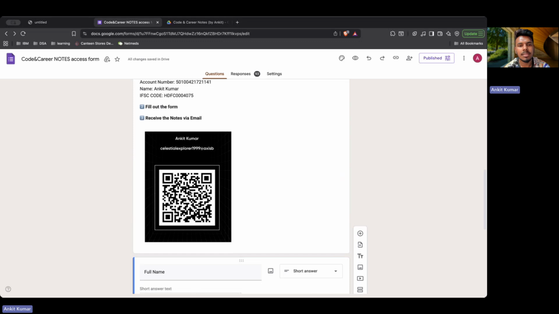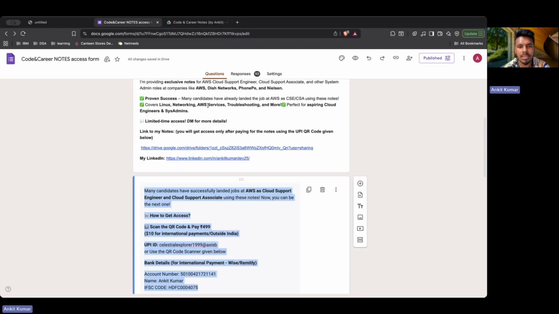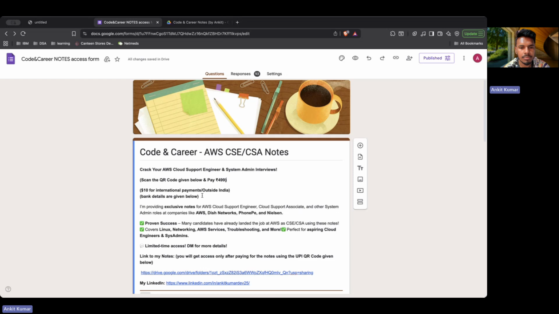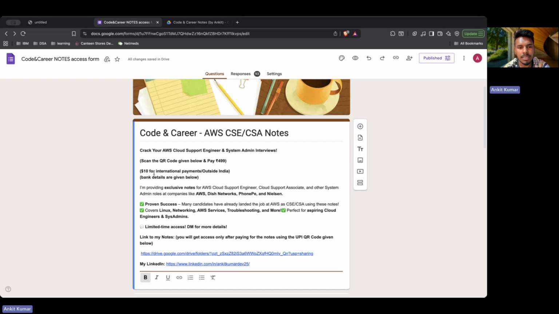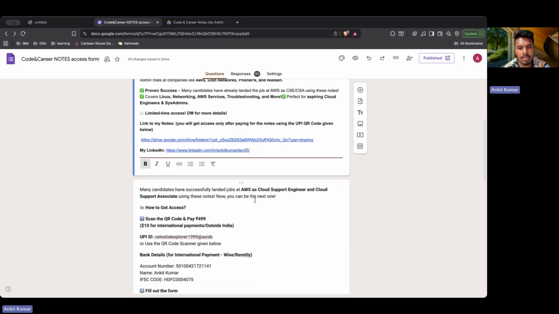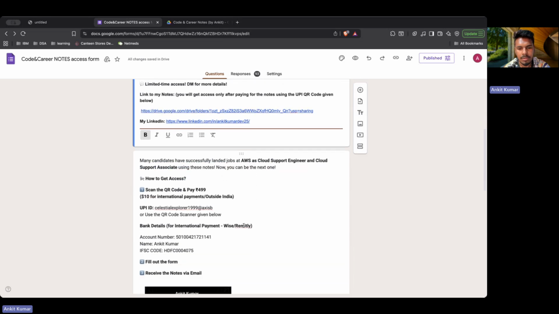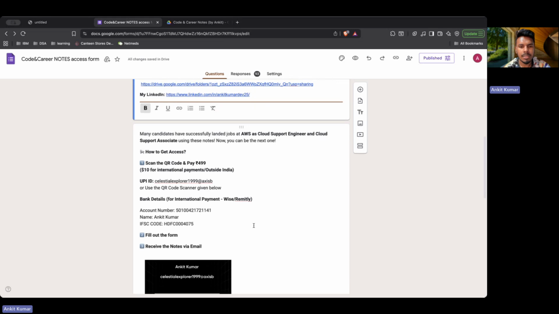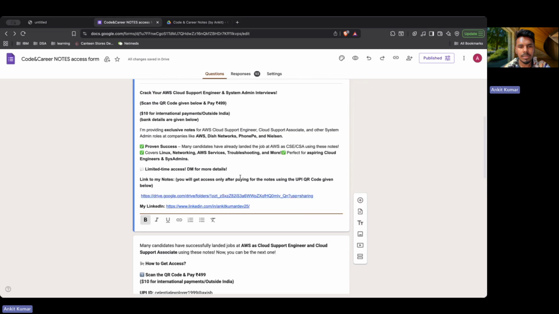Once you scan this, you have to pay 499 to me if you're in India. And if you're outside India, then you can send $10. For international payments, you can use Wise or Remitly. Okay, so these work. And once you have made the payment, then you have to fill this form.